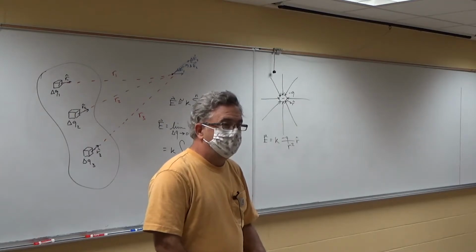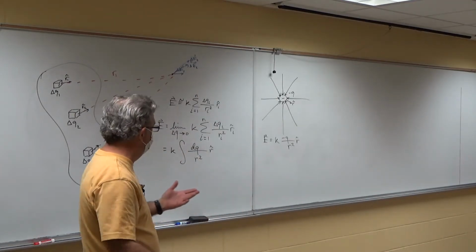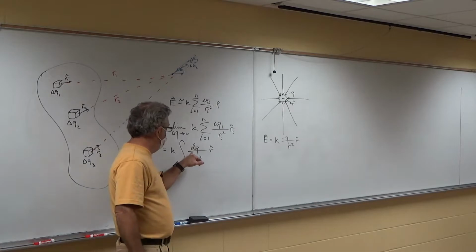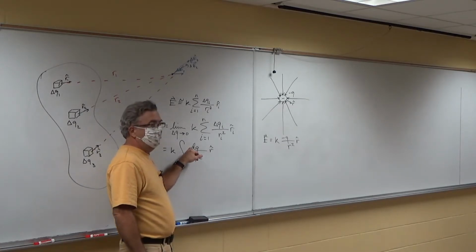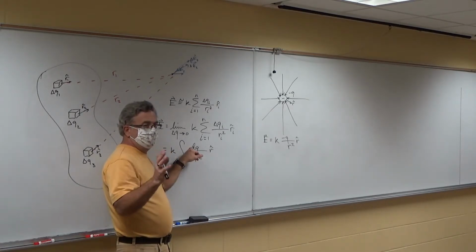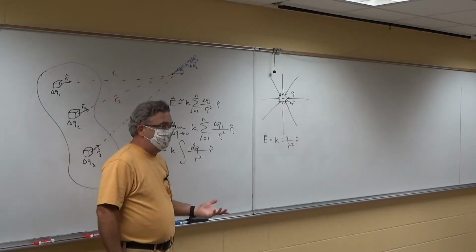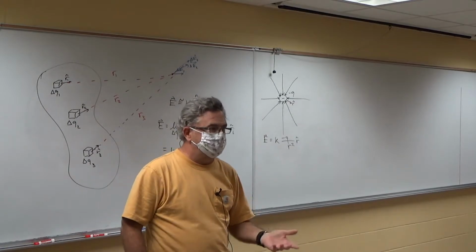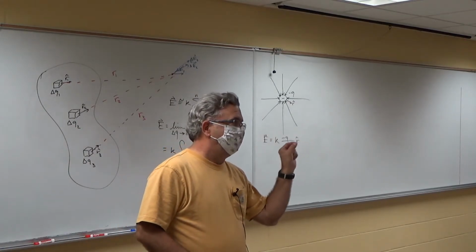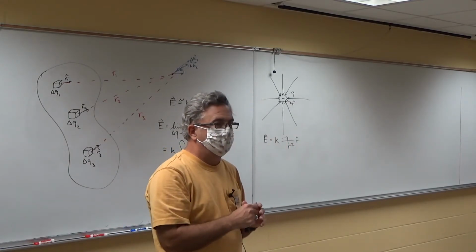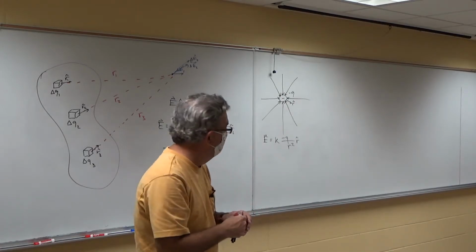So what we're going to do is set up some different charge distributions. We'll figure out how to handle dq for different geometries. We'll decide what r squared is, the distance from that little bit of charge to the point where we want to calculate the electric field.